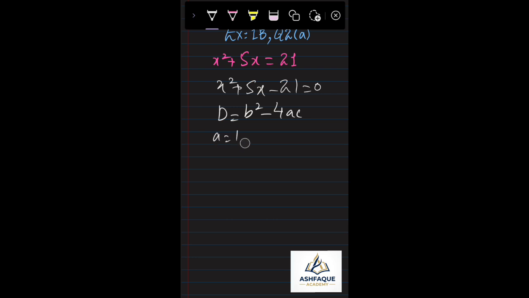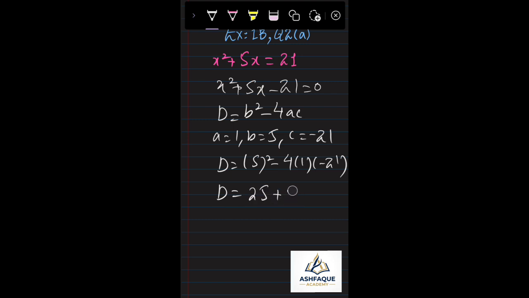So a is 1, b is 5 and c is minus 21. So D equals 5 whole square minus 4 times 1 times minus 21. So D equals 25 plus 84.